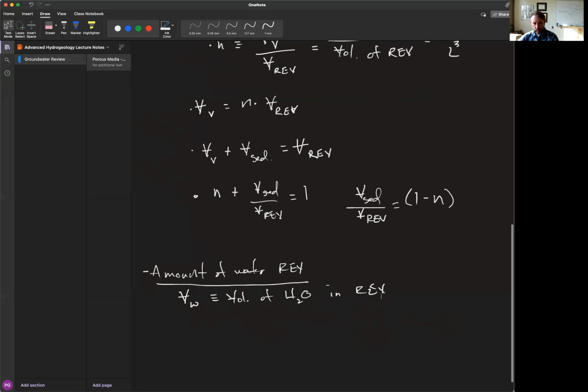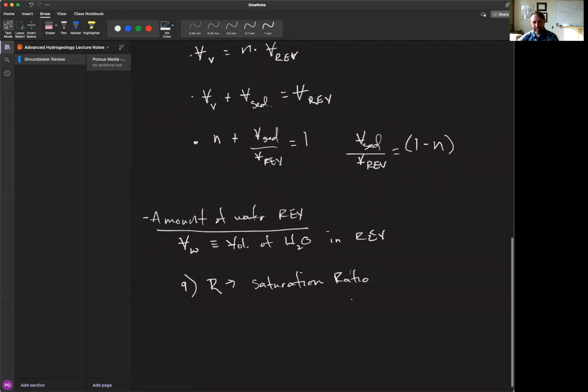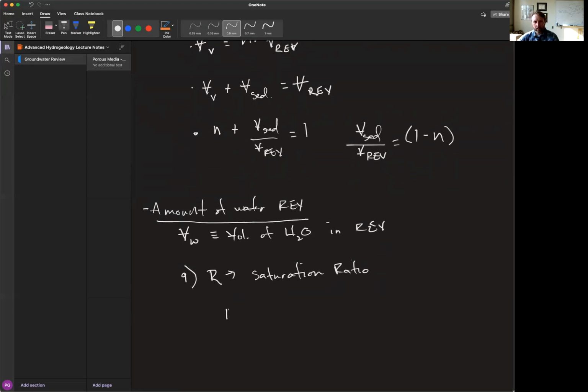Okay, so we're gonna do a little bit of vocab here. So our saturation ratio, R, all right, our saturation ratio is essentially the percentage of my void volume that is filled with water.